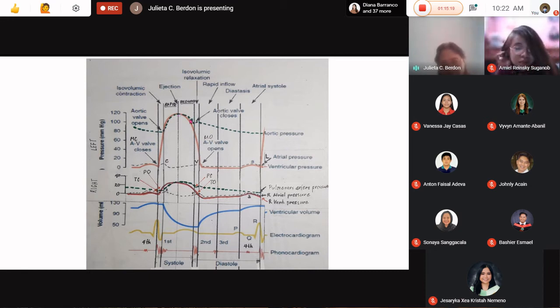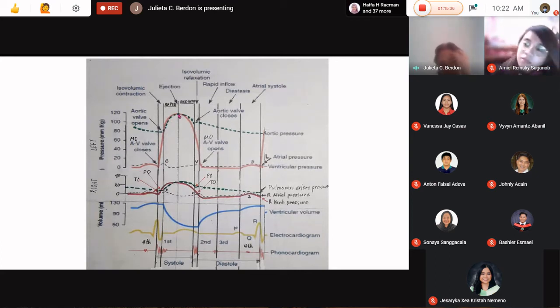That is because blood is flowing out of the aorta, and there will come a time that the blood flowing into the aorta and the blood flowing out of the aorta will be equal, and that will be the time that aortic pressure is at its peak.